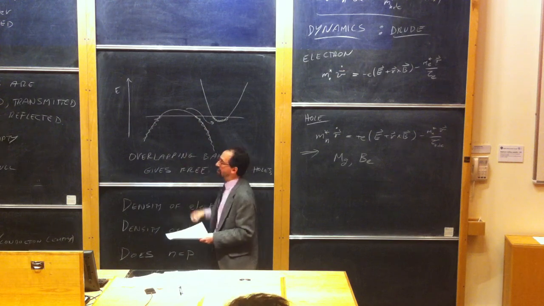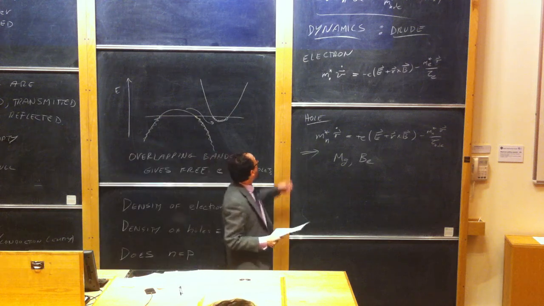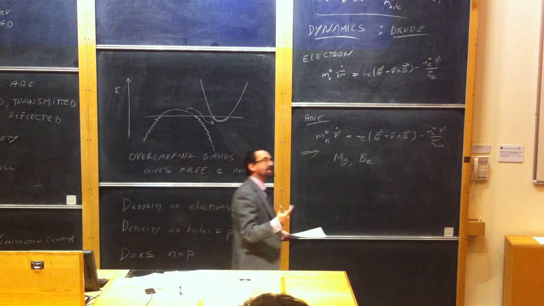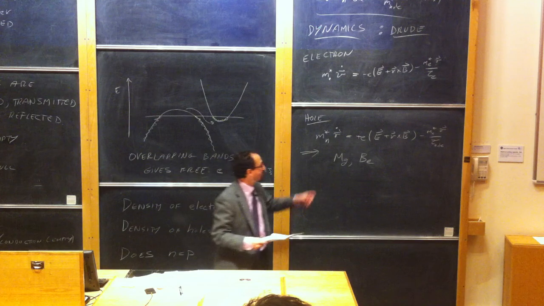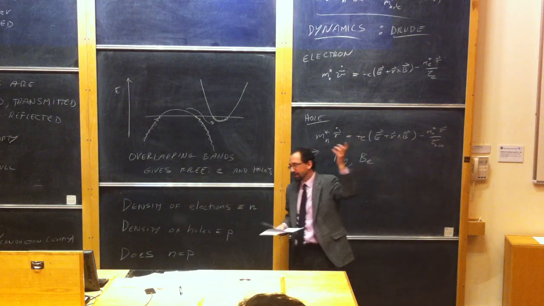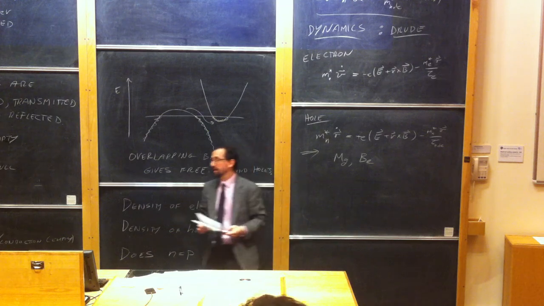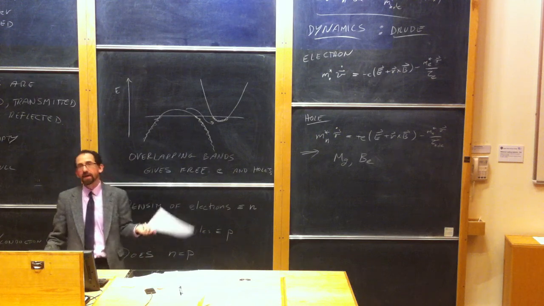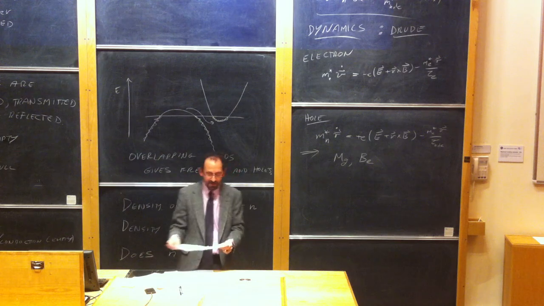The bands overlap in the case of magnesium and beryllium, which means that you have both electrons and holes running around. And what decides the sign of the Hall coefficient turns out to be the relative ratio of the effective masses and the scattering times for the holes and the electrons respectively. So it turns out beryllium and magnesium have a positive Hall coefficient, but calcium has a negative Hall coefficient, just because the effective masses come out different in those cases.